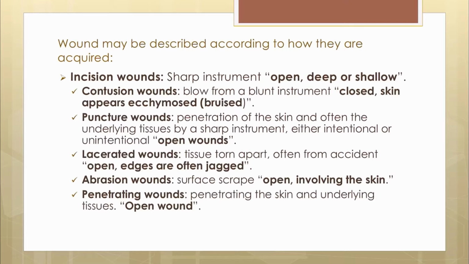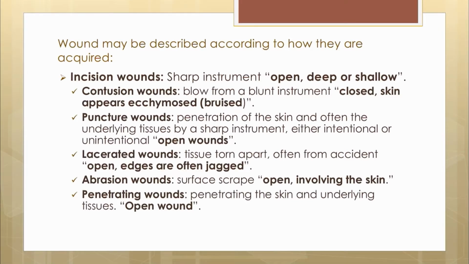This is an open wound. Third, lacerated wounds, tissue torn apart, often from accident. This is an open wound, edges are often jagged. Fourth, abrasion wounds, surface scrape. This is an open wound involving the skin. Lastly, penetrating wounds, penetrating the skin and underlying tissues, an open wound.